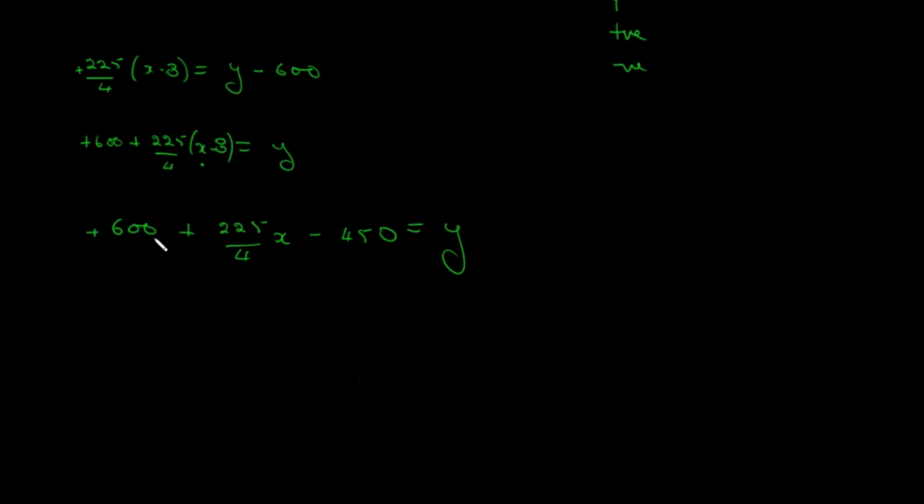We have 600 minus 450, which leaves 150. So 600 minus 450 is 150, plus 225 over 4x equals y.